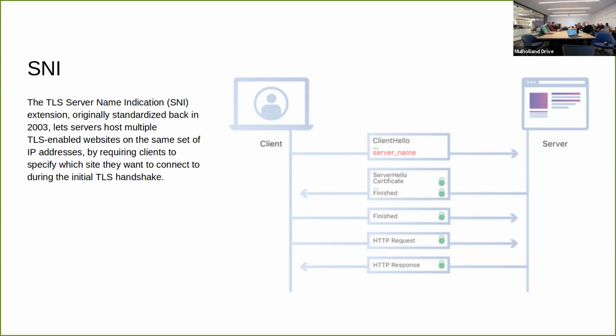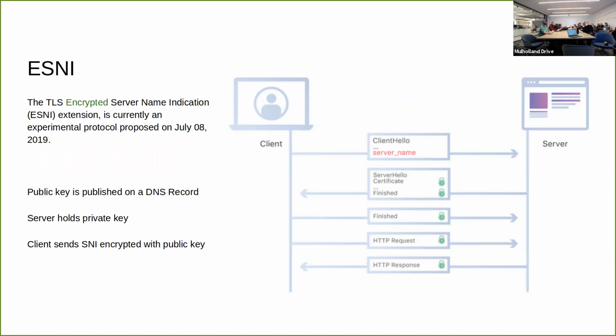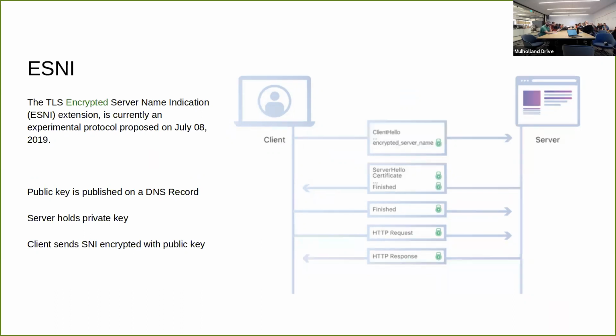So for example, if you're hosting a site on a single IP address, say 1.1.1.1, but Cloudflare is on it, you have multiple sites, multiple domains pointing at the same IP, and your SNI is where you specify what site you want to go to, even though you're connecting to just the single IP. Problem with that is that's also not encrypted. So there's a relatively new protocol, I think proposed a few months ago, that will encrypt it and put the public key on the DNS record. So this will help as well.